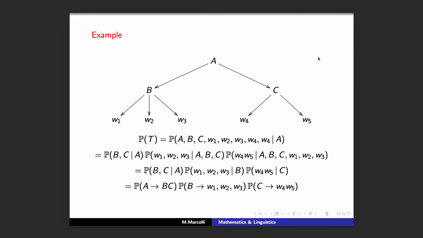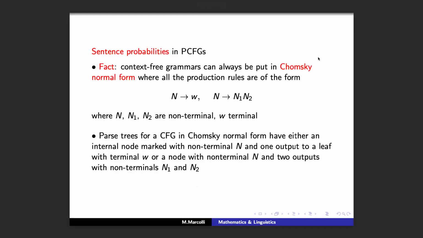So in this case, there's one production rule that replaces the non-terminal A with B and C, and there are two production rules, one that replaces B with a certain string of terminals, and one that replaces C with another string of terminals. The probability of the entire tree factors into the probability of these three production rules in the context-free language.